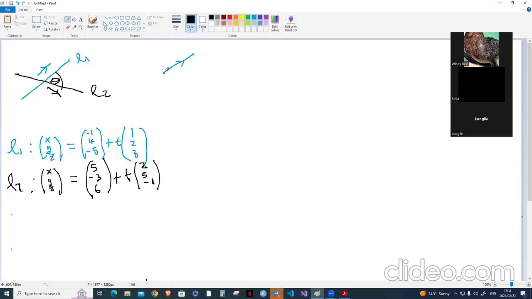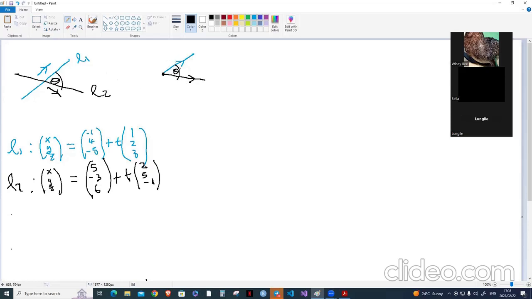The other one is here, starting from the same point. When you want to find the angle theta between these two vectors, which is the same angle between the two lines, you must make sure they are all pointing away from this point, or all pointing towards it. I'm just going to choose away.